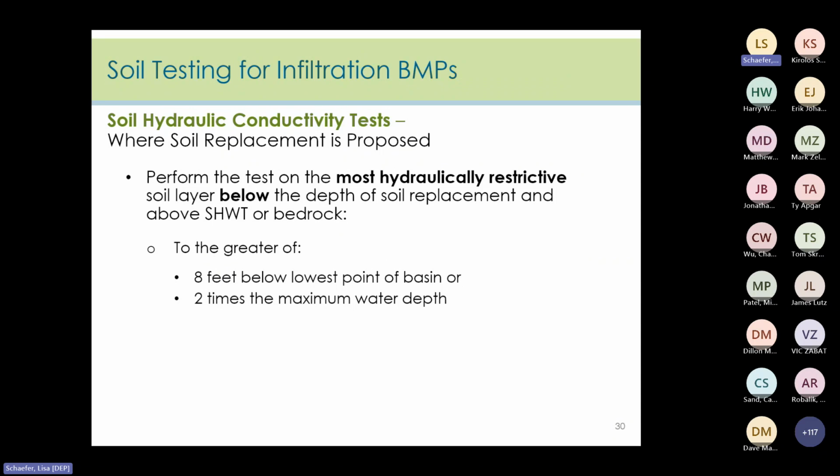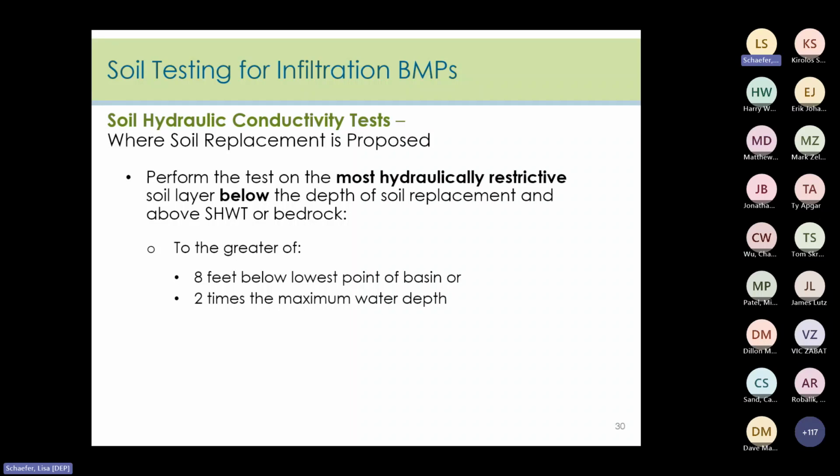So this requirement means first, the excavation of a soil profile pit must reach the required depth, and second, the hydraulic conductivity must be tested on the most hydraulically restrictive soil layer below the soil replacement or the lowest point of the basin, but above the required soil profile depth.